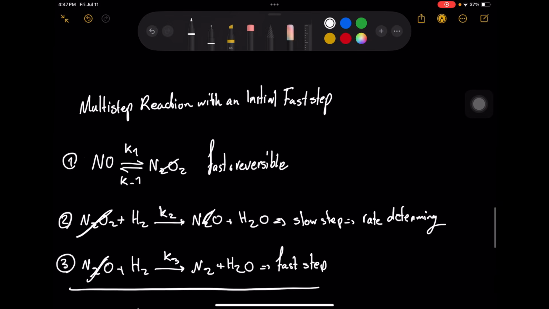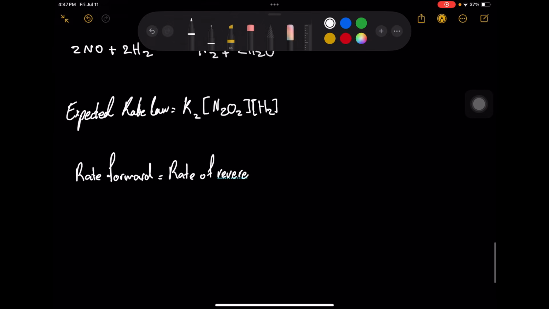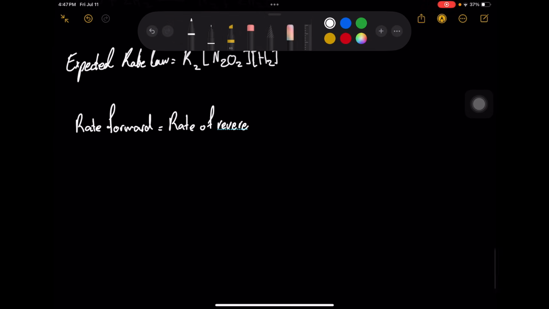We do have coefficients here: 2NO in a reverse reaction with N2O2, with K1 and K-1. So the rate of producing N2O2 in the first step is equal to the rate of consuming N2O2 that produces NO. How do we write it?